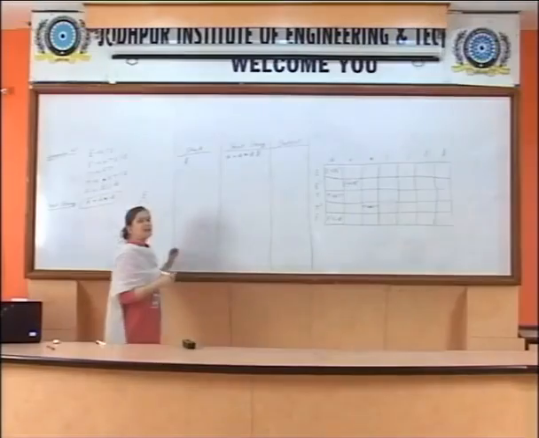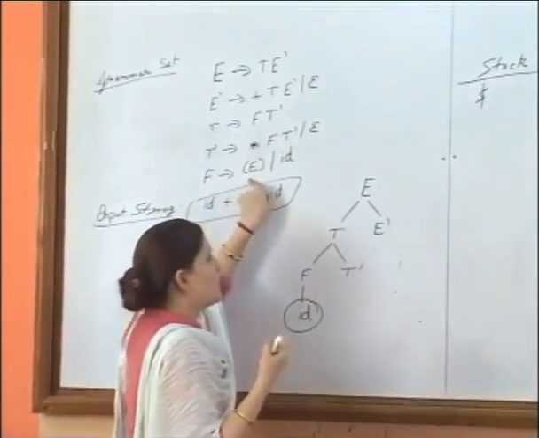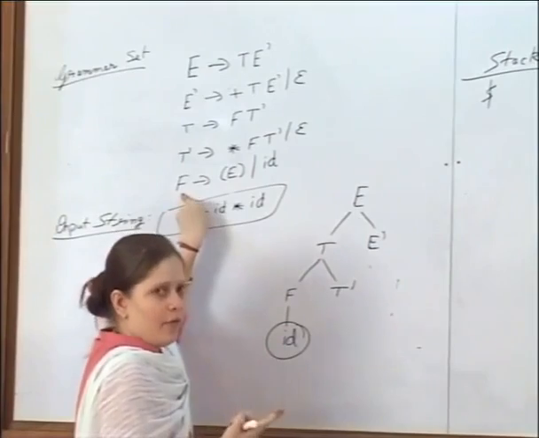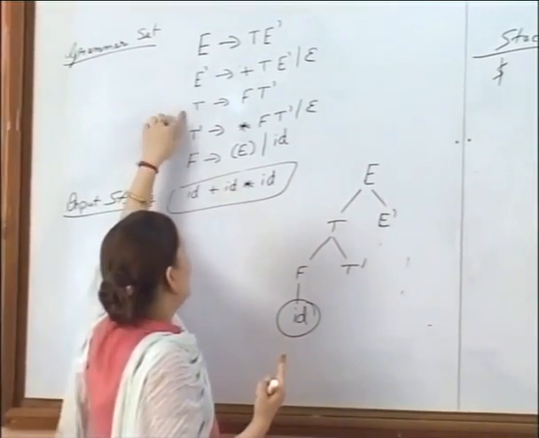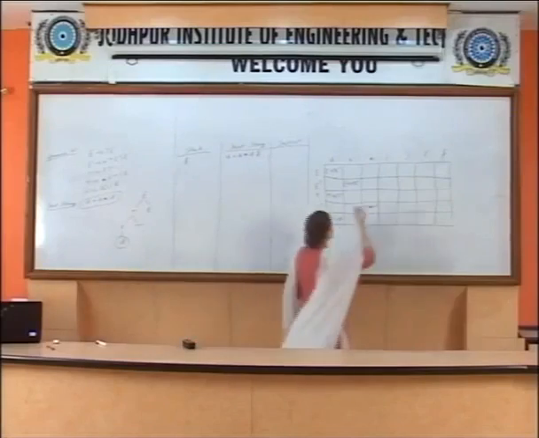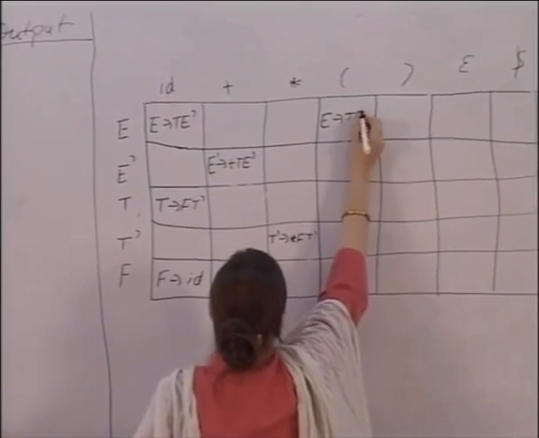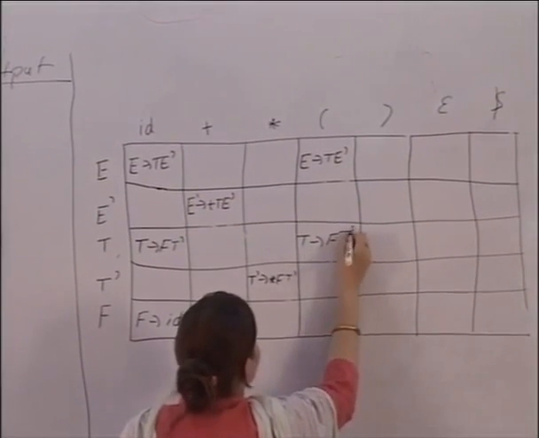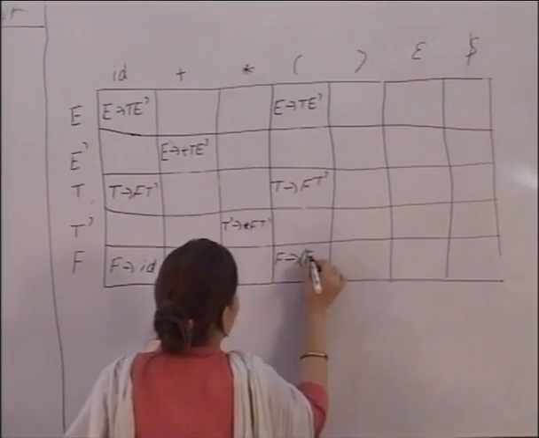For this round parenthesis, we are provided with only a single production, that is the sub expression production of the non-terminal symbol capital F. This capital F is again derivable by T and capital E. That means for this terminal symbol, we have the productions E, T E dash, T, F, T dash and F, E.